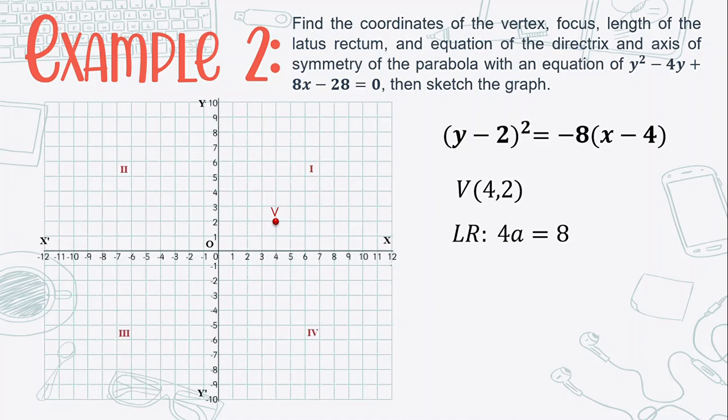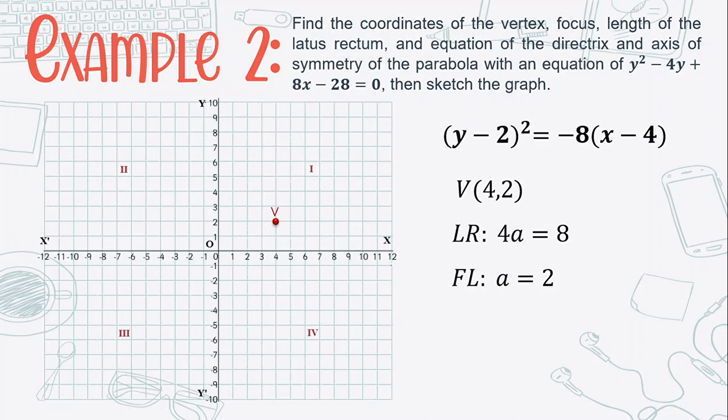Therefore, our latus rectum is positive 8 regardless of the sign of 4a. That is still positive 8 because the sign just tells us the direction in which our parabola opens. So if our 4a is positive 8, what will be our focal length or a? Now just divide both sides by 4. Therefore, we will have 8 over 4, so the focal length a is equal to 2.